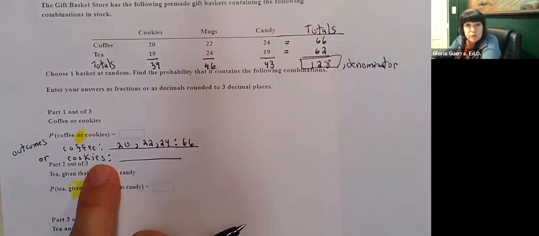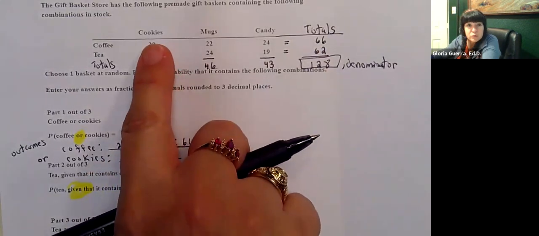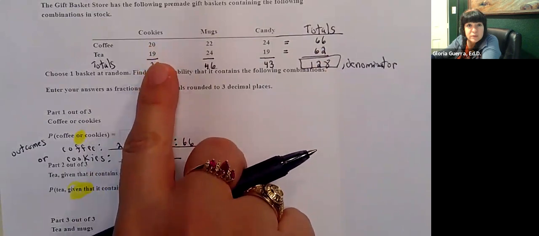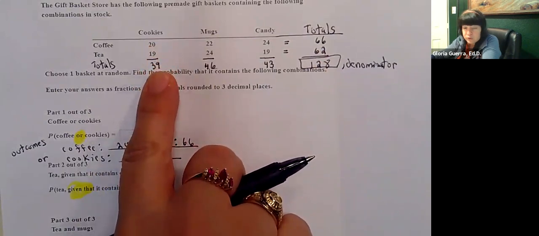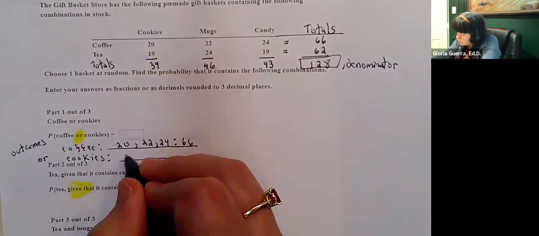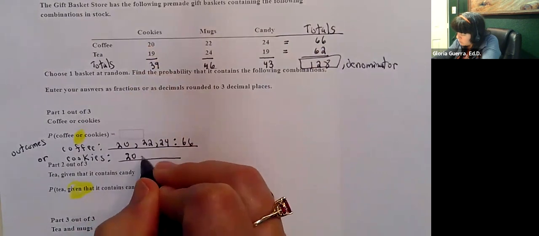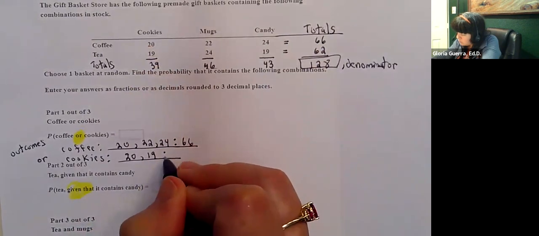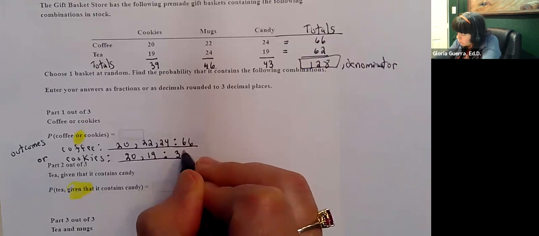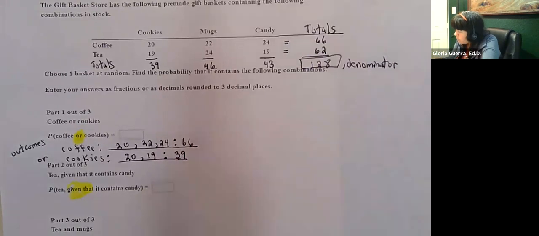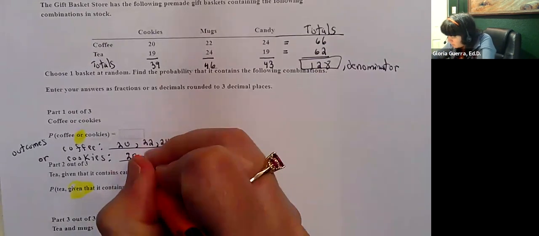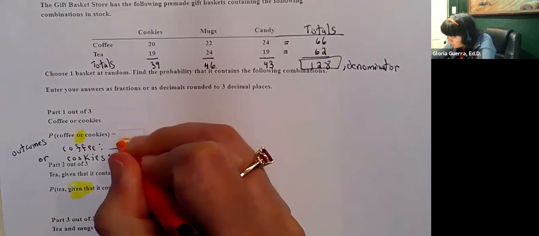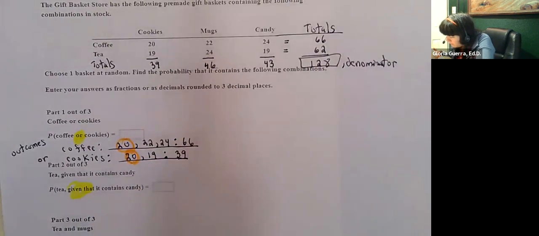And then for my cookies, I'm going to put 20, 19, and then my total is 39. And then when I look to see what I can overlap, I see how I can overlap the 20. And that's it, just the 20.